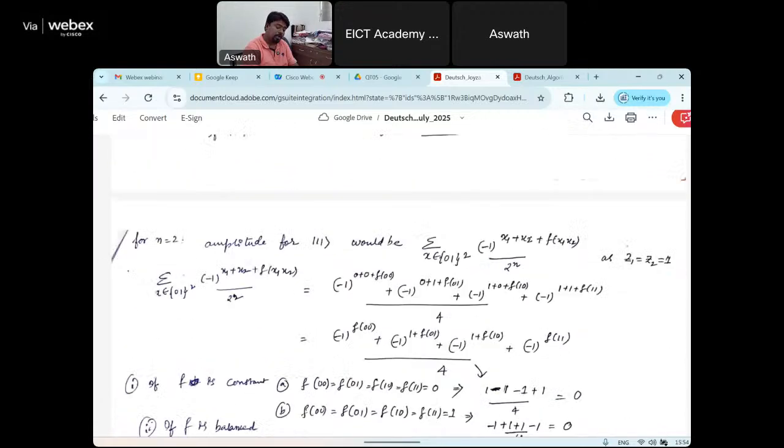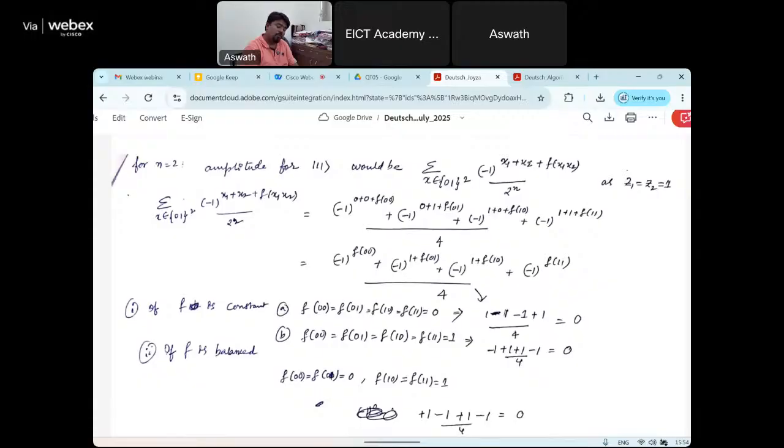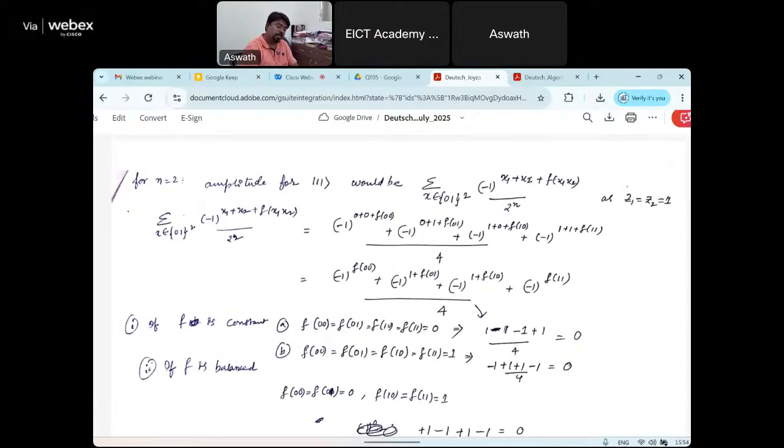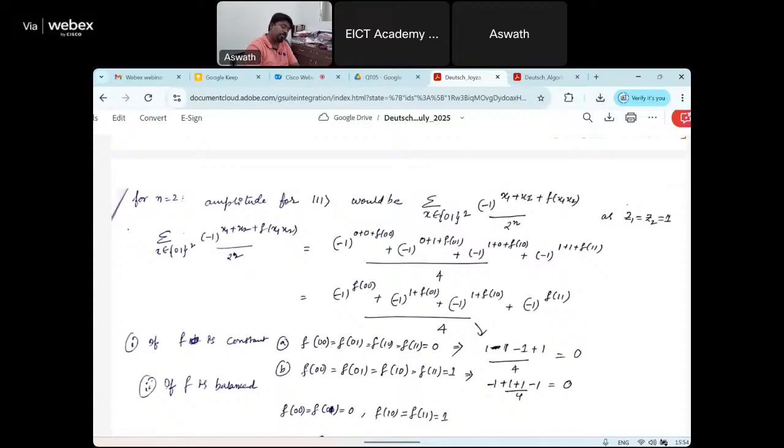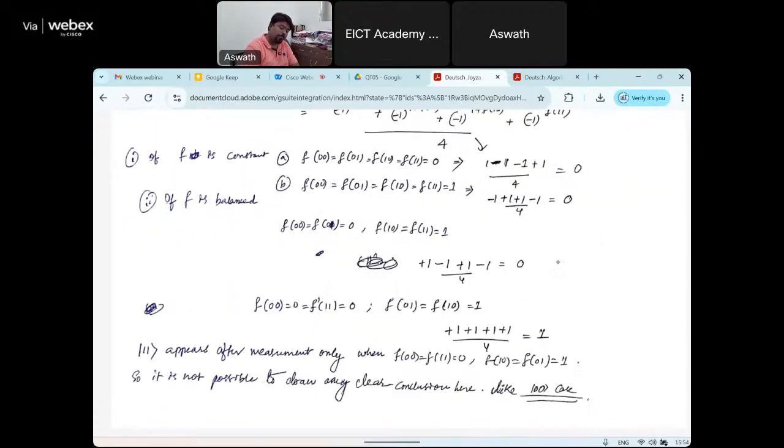For n equal to 2, if the state is Z is 1, 1, in that case Z1 is 1, Z2 is 1, and the function has to be balanced. So the conclusion is, if the output is a clear 0, 0, it is constant. If the output is anything other than zeros, the function is balanced.